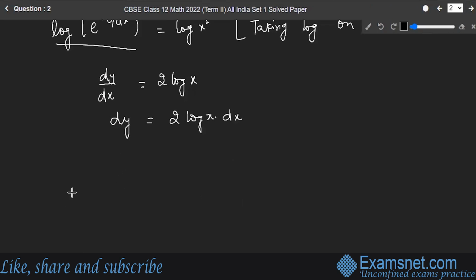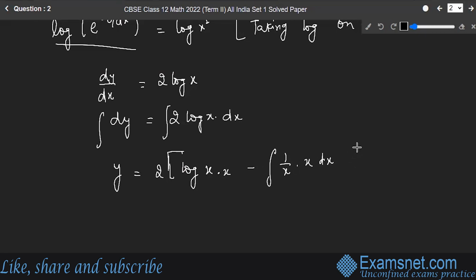Integrating both sides, you have y is equal to 2 times log x into x minus the integral of 1 by x into x dx. I have used integration by parts over here.